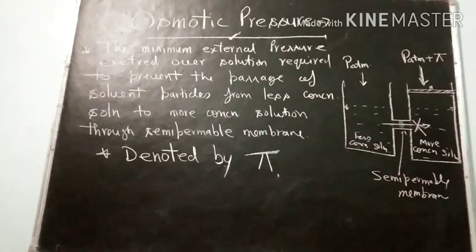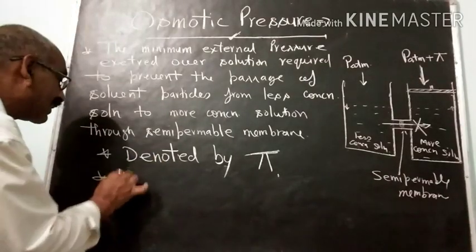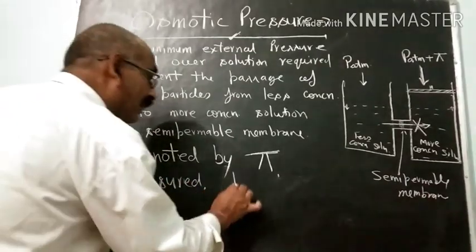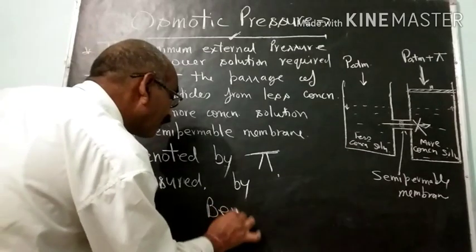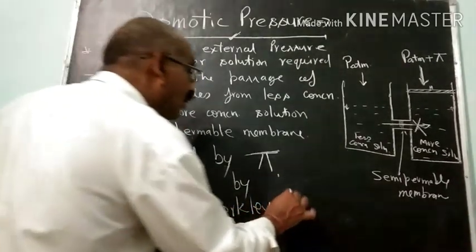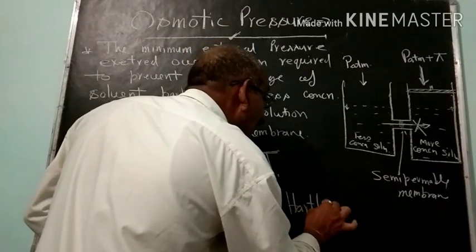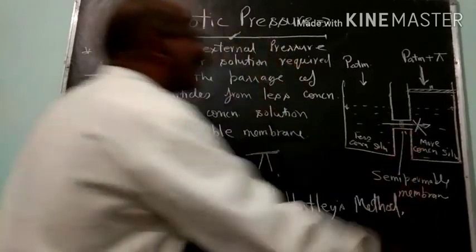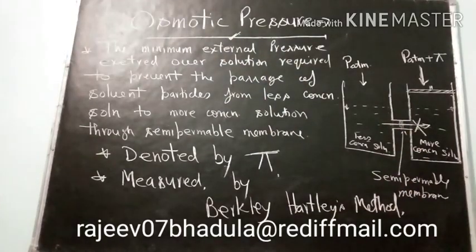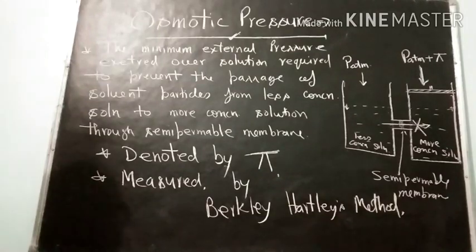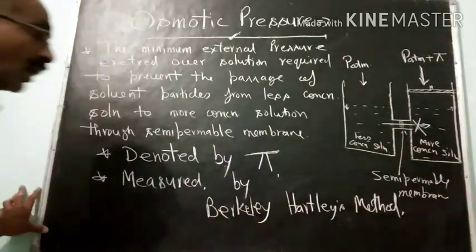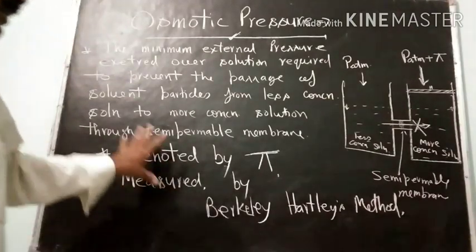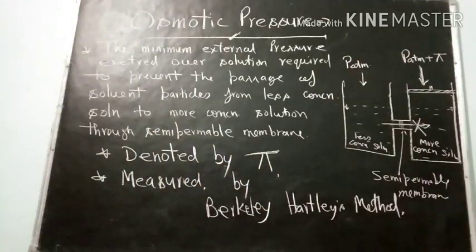And this one is measured experimentally, by Berkeley-Hartley's method. The osmotic pressure is measured by Berkeley-Hartley's method. Is it clear?